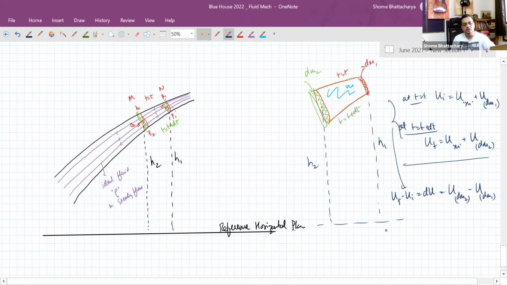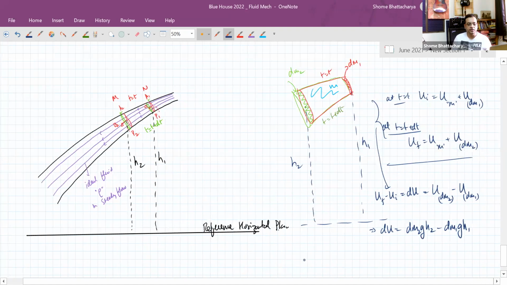So the change in potential energy is dm2 g h2 minus dm1 g h1, because we have referenced both the masses to the same common horizontal reference plane, as if they have heights h1 and h2. So their gravitational potential energy change can be compared like this.